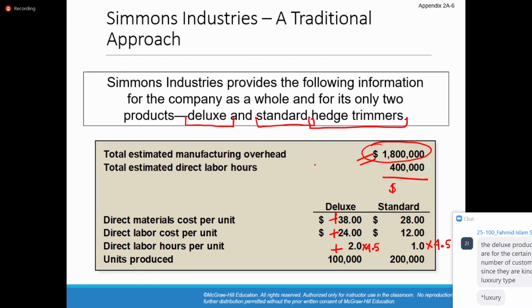But what is the difference? The difference is that when we are applying this, we just have divided this number by the direct labor hours. And we didn't have the information that what activities are involved here. And we would see that some activities are not directly relevant to the labor hours.